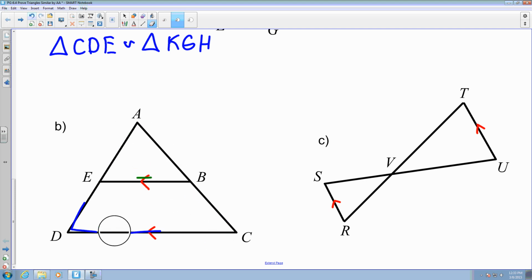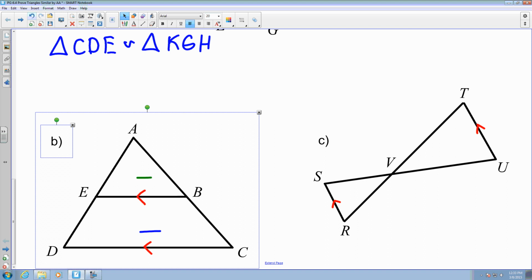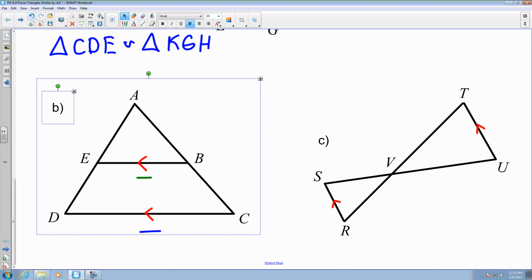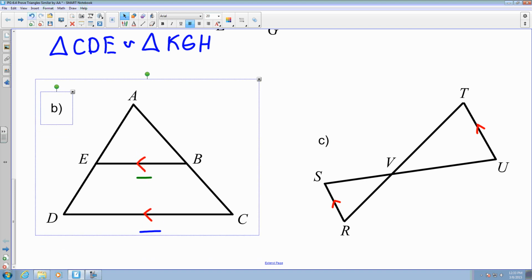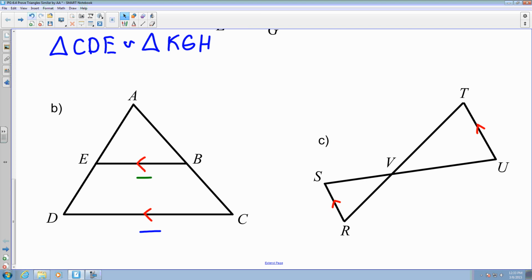Here, I won't erase those lines. But what we do have is EB is parallel to DC. So that does help us.